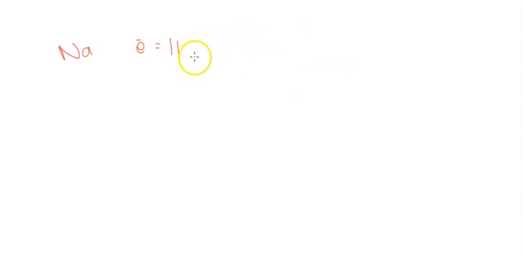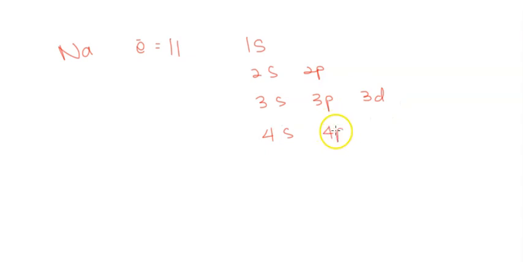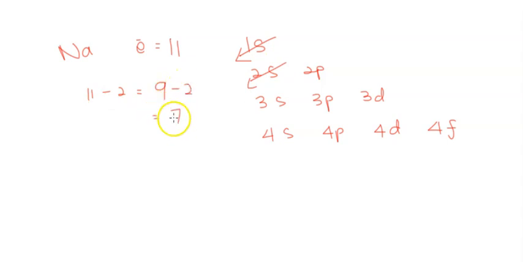Again, draw the diagram: 1s, 2s, 2p, 3s, 3p, 3d, 4s, 4p, 4d, and then we have another one for F. So 11 minus 2 we have 9, minus 2 we have 7.